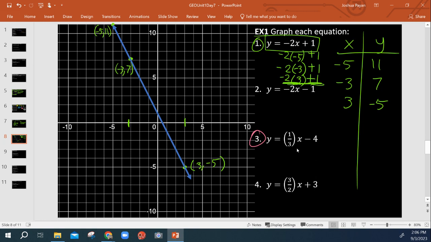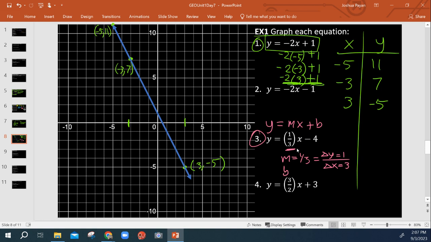Right now we're in slope-intercept form. y equals mx plus b. m is 1/3, that's my slope, meaning delta y is equal to 1, and delta x is equal to 3.